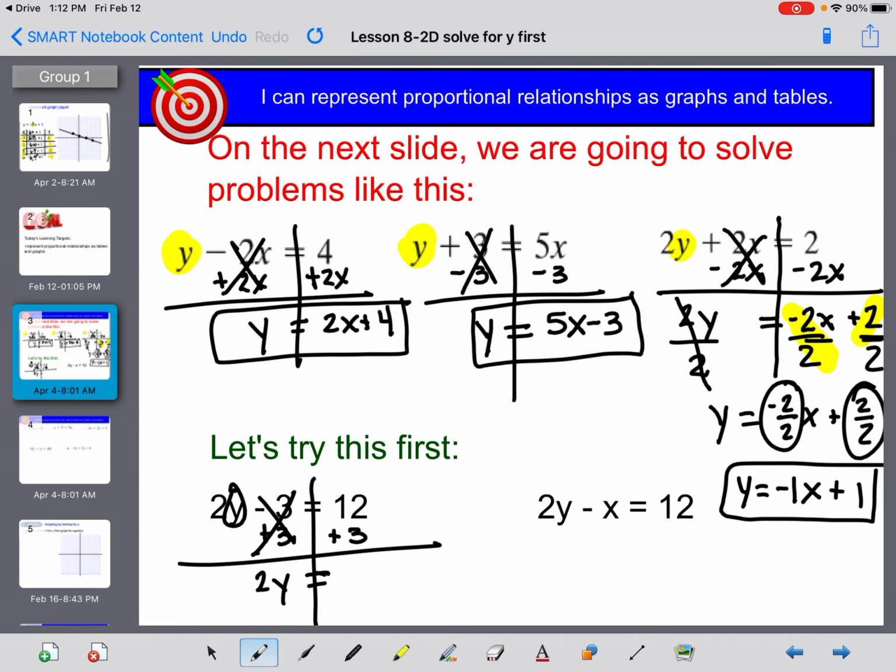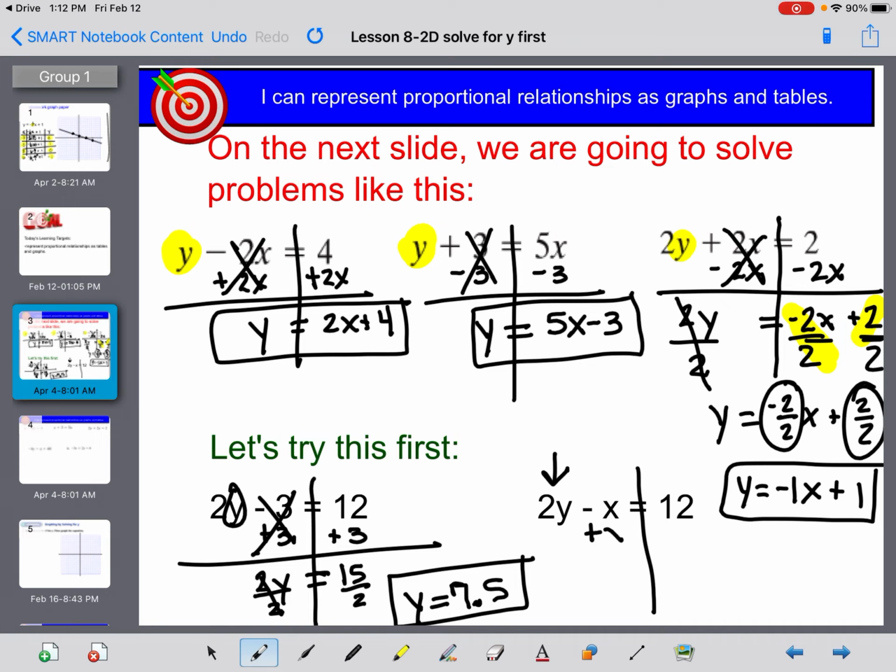2y equals 12 plus 3 is 15. Now I divide both sides by 2, and y equals 7.5. Okay, let's try the last one on this page. Start off, we want to get this y by itself. So I add x.